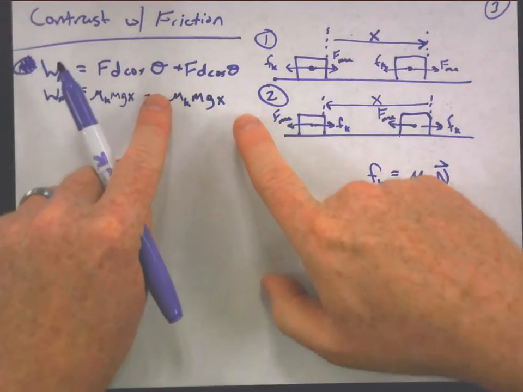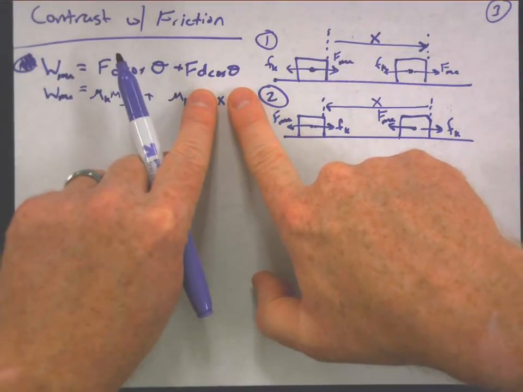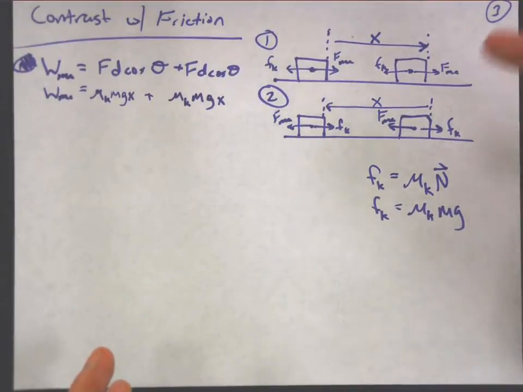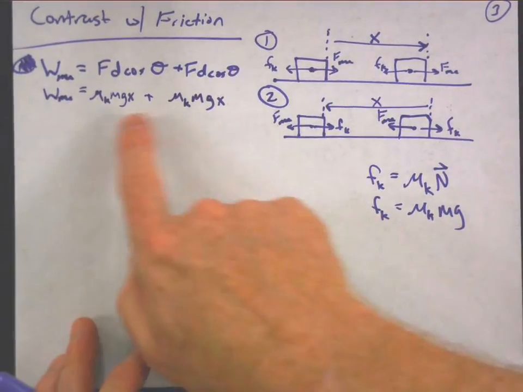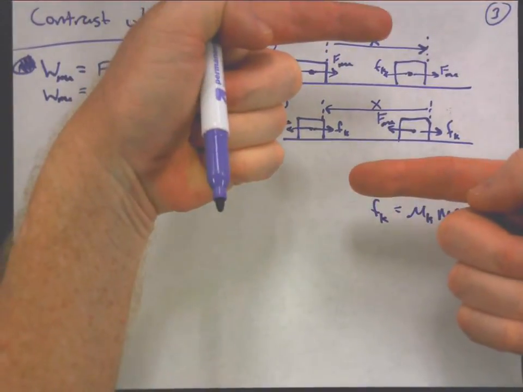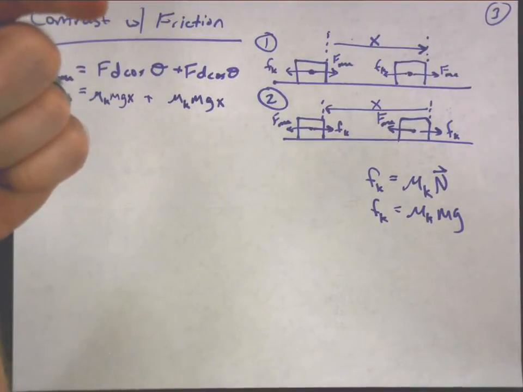So cosine of 0 is 1. There's my force on the trip back, and distance x, and so I'm doing positive work in both situations. It sounds weird, because the direction changes, right? But I'm doing positive work in each case.